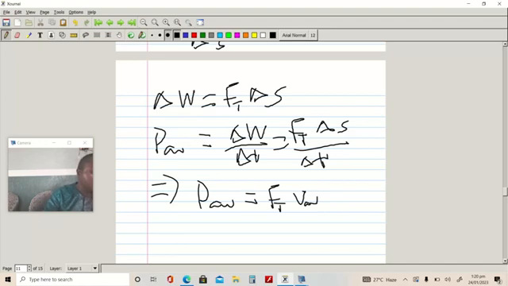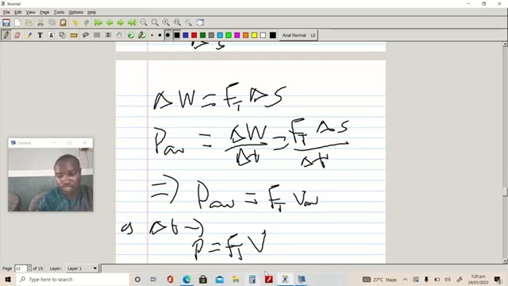In the limit as delta t tends to 0, we obtain the instantaneous power, which becomes F of t v, where v is the magnitude of the instantaneous velocity.